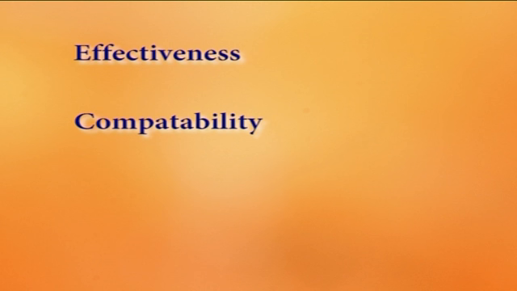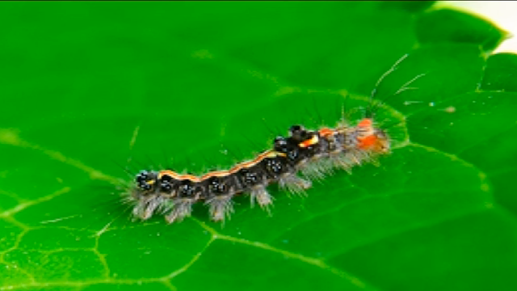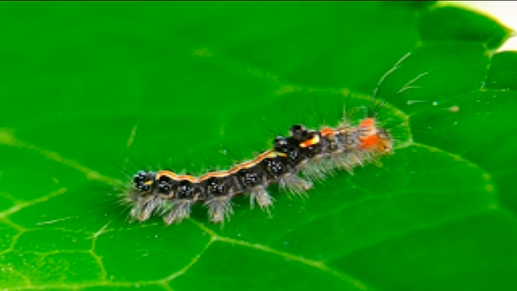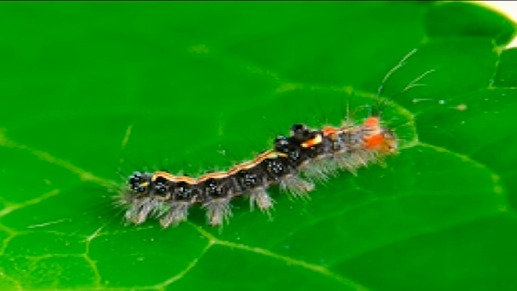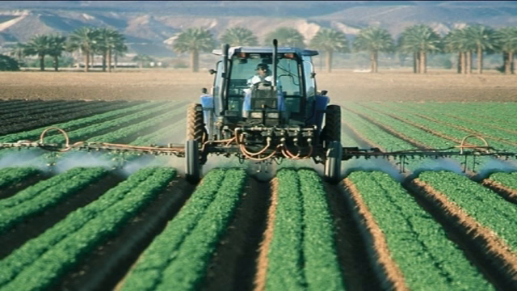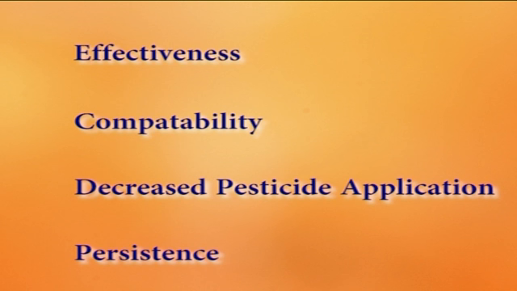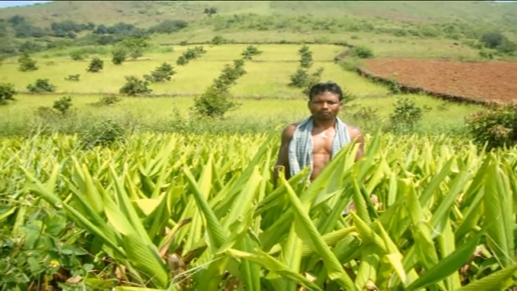Next is compatibility. HPR genes, or otherwise called host plant resistance genes, can be combined with all other components of integrated pest management. Next is decreased pesticide application. Resistant varieties require less frequent and lower doses of insecticide. Next is persistence. Some varieties have durable resistance for long periods.